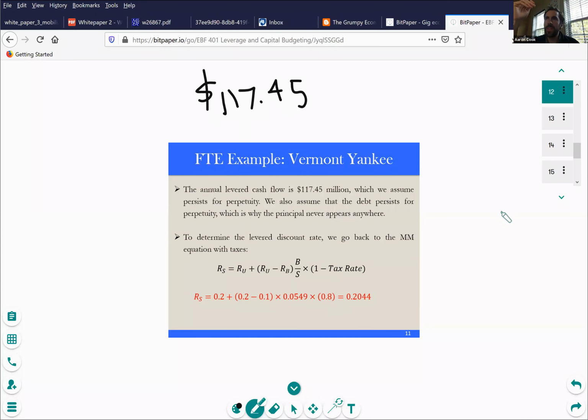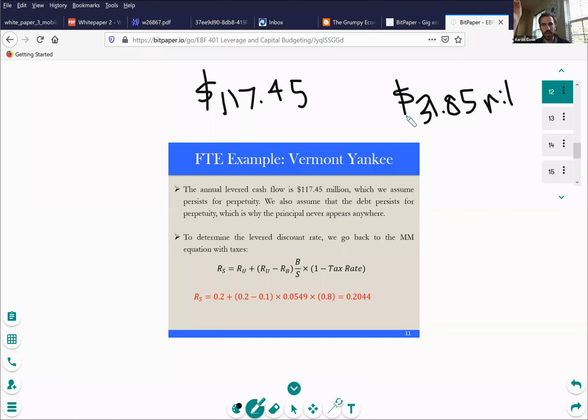In general, what this means is that you never actually fully pay the debt back. You borrow that 31.85 million, but you keep renewing that, and you keep paying the 10% interest payments as long as the project is operating.